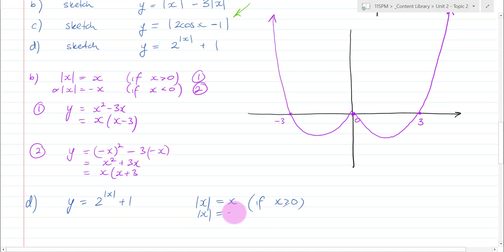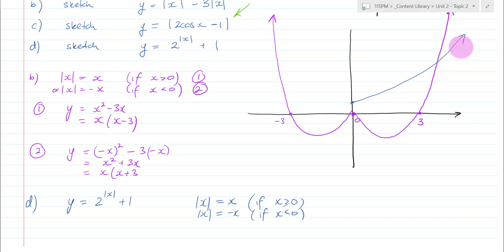And so sketching this is the same thing again. We start by sketching 2 to the power of x. It starts at 0, 1, and it's an exponential, so it goes like that. And then we just reflect that on the other side, because when x is negative 3, we get 2 to the power of 3 again, because the modulus of negative 3 is 3.